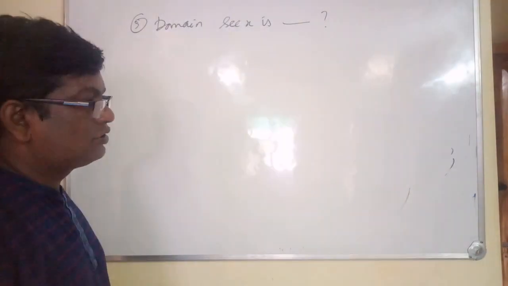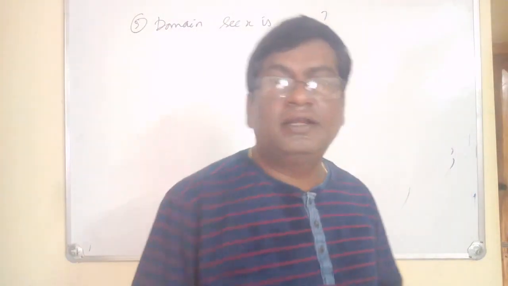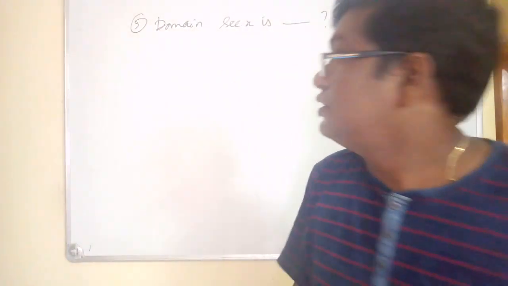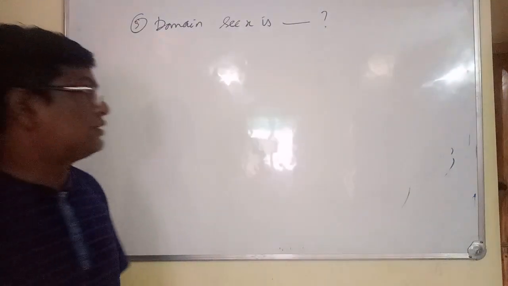Sec means 1 by cos, tan means sin by cos. So the denominator of tan and sec are equal, so the domain of sec x is equal to the domain of tan x.